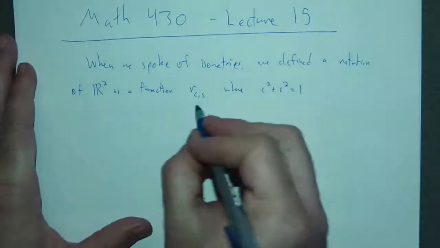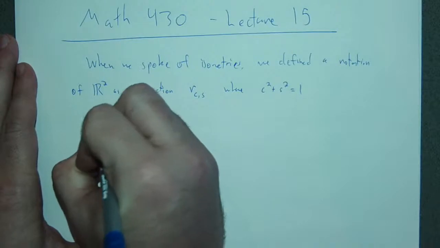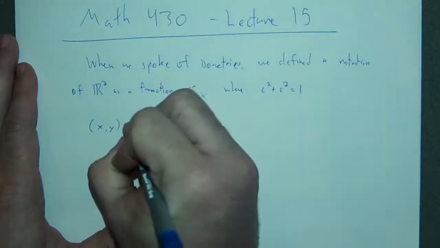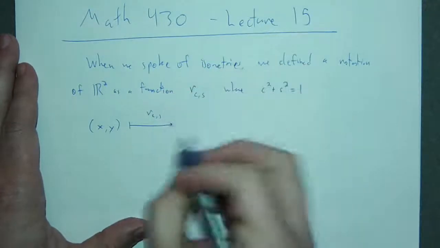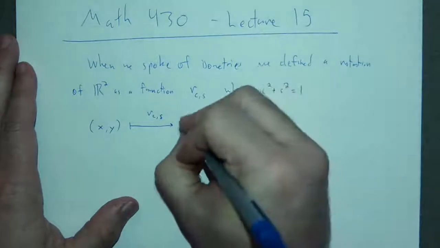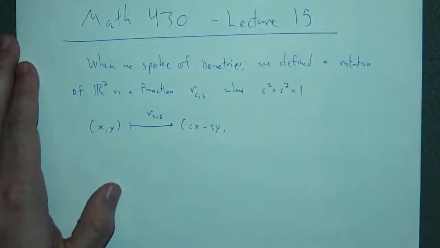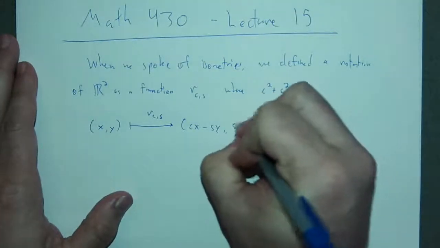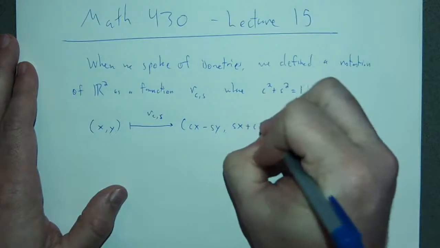And so this function R sub CS was described as the one that sent a point of R2, so (x, y), to Cx minus Sy in the first slot, and in the second slot it got sent to Sx plus Cy.